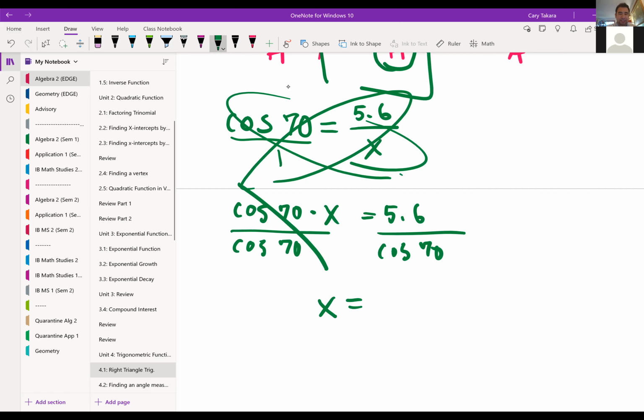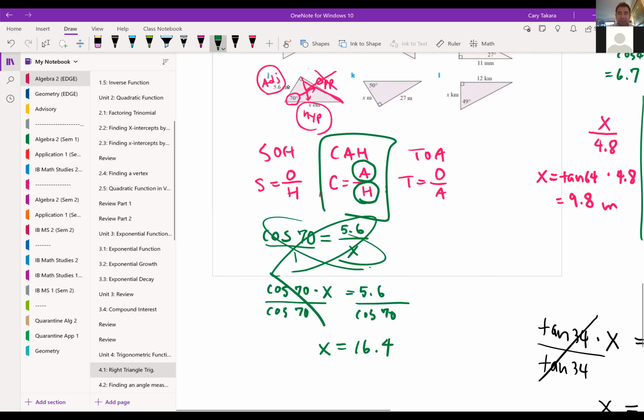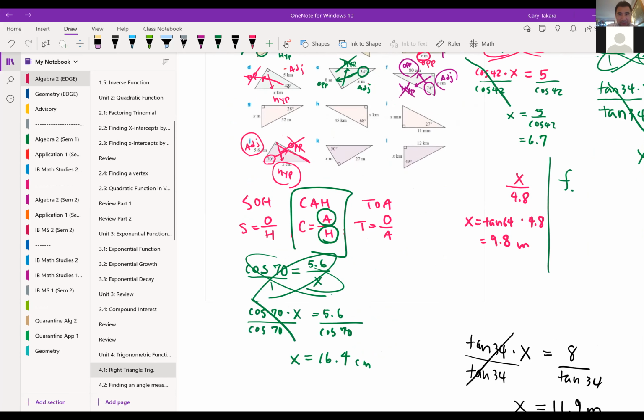And I get 16 point, let's do 4. Okay. Did you get that? Or 3.7? Very good, Jerry. So that will be centimeter. Okay. Is everybody okay on this? There was a request to go over on I, so let's try that too.